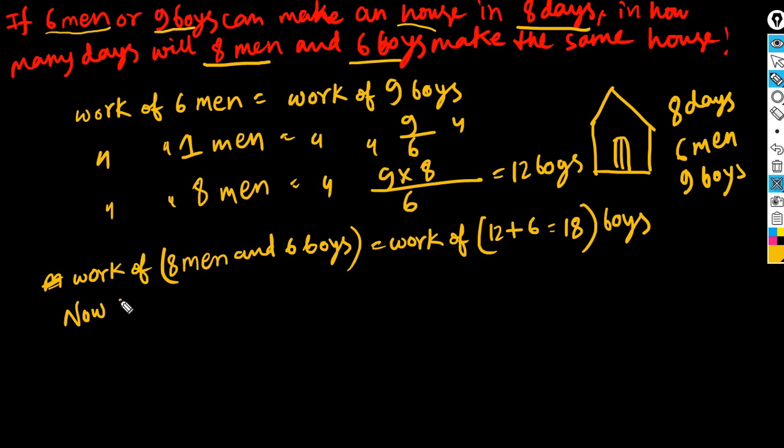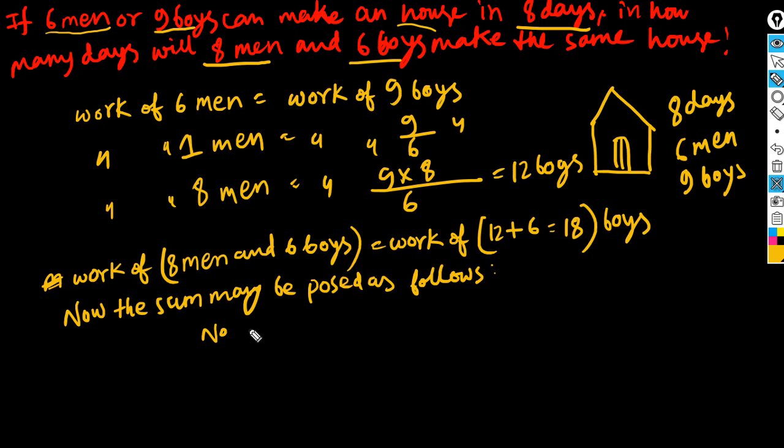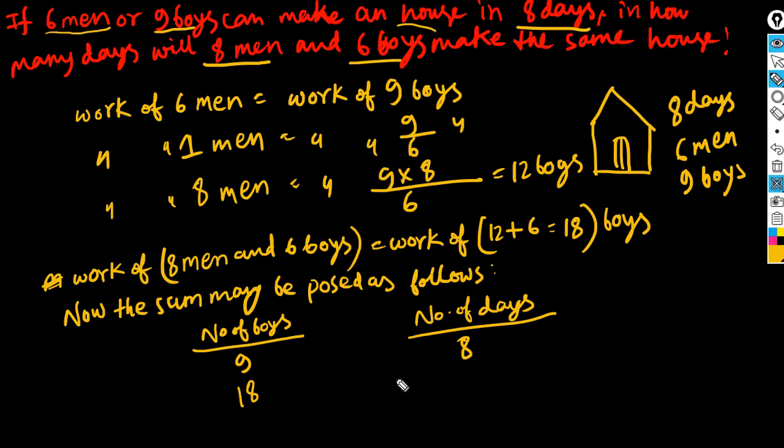Now the sum may be posed as follows. Okay, the number of boys is 9, the number of days is 8, and the number of boys is 18, and we don't know the number of days, so let's assume x.